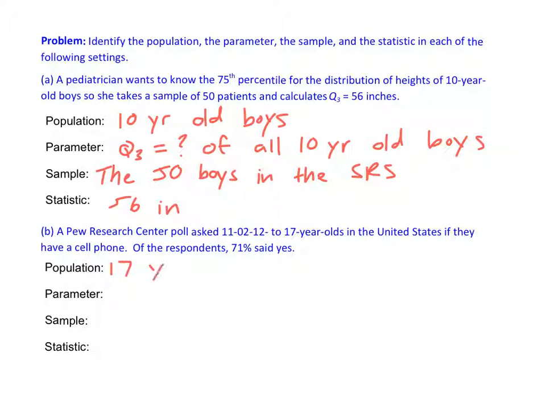Population. This one does specify it's in the U.S. So I'd say 17-year-olds. The parameter, we call that P, and as is usually the case, P is unknown, right?